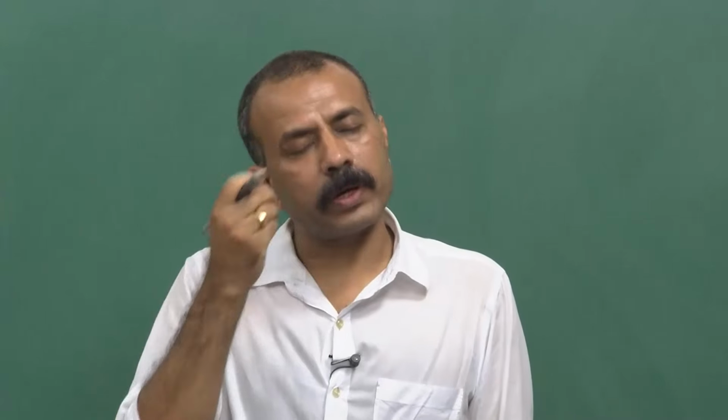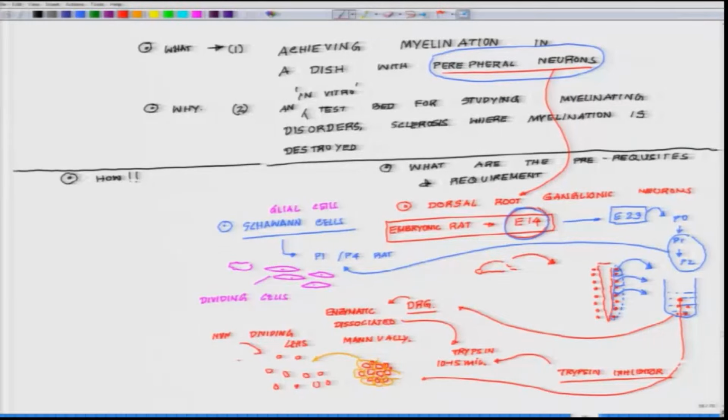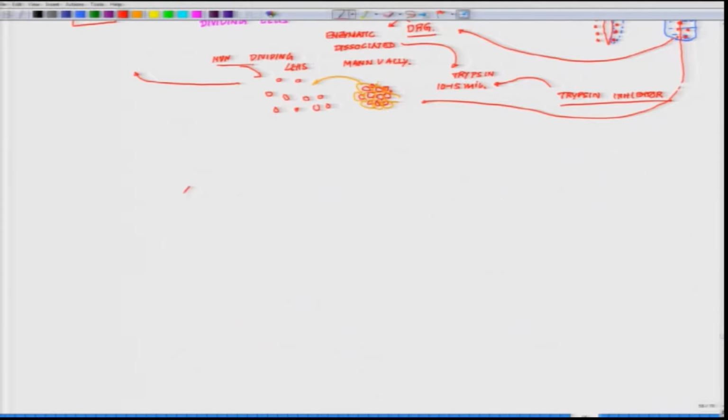One of the ways one can target the problem is, you first of all plate these cells. Which cells? The non-dividing cells. So, you have a dish out here, and this is how we targeted the problem. You plate these peripheral dorsal root ganglionic neurons in a dish. You will see within 24 hours or so, they will start sending out processes like this.